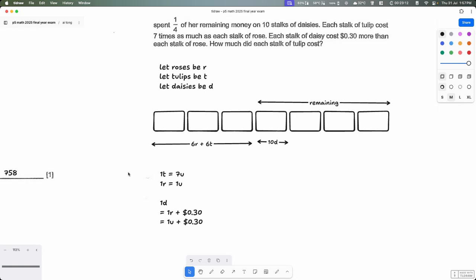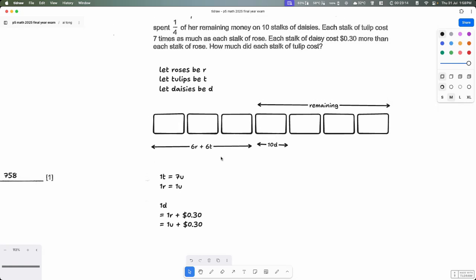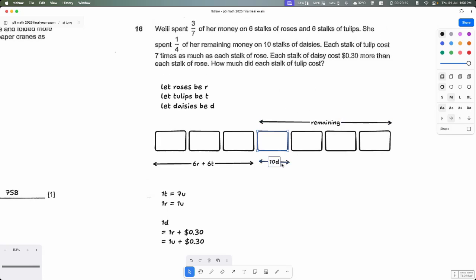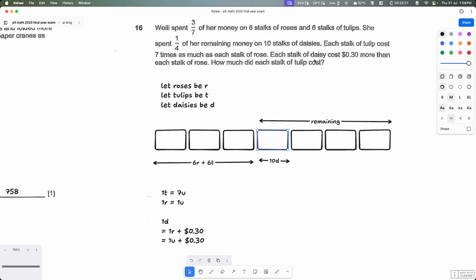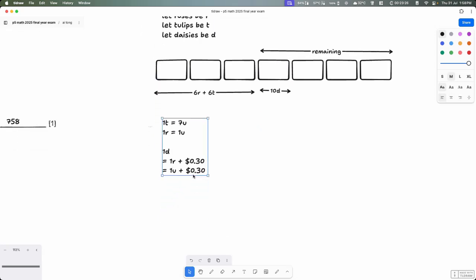What we know over here is that 1/4 of remaining is 10 daisies, and each stalk of daisy costs 30 cents more than each stalk of rose. So 10 daisies is equal to 1 unit, then we put a bracket, plus 30 cents, 0.3, and then we times 10.